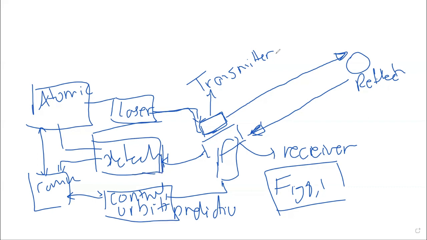Therefore, we need a detector here for doing that. And of course, measuring the time is important, because this travel time of the laser is going to be measured and divided by 2, multiplied by the speed of light to get the distance between the telescope and the reflector.